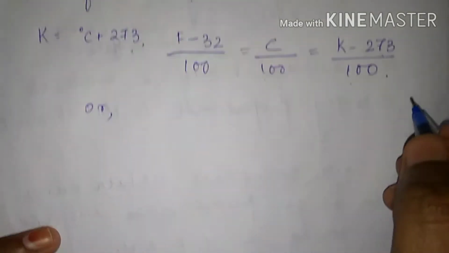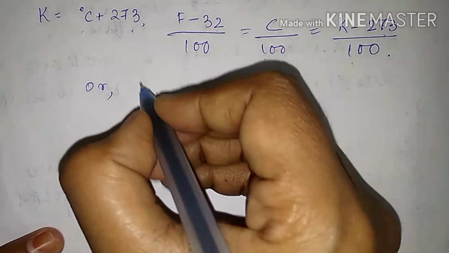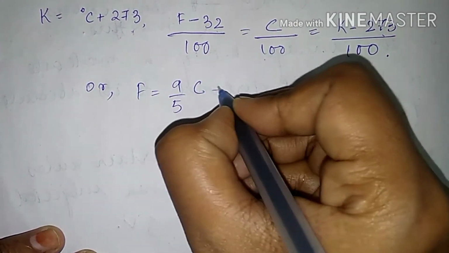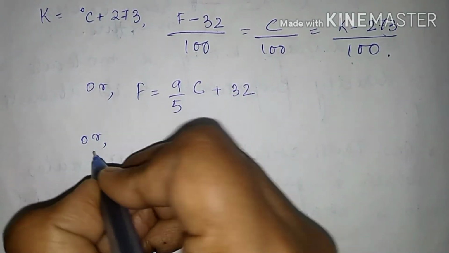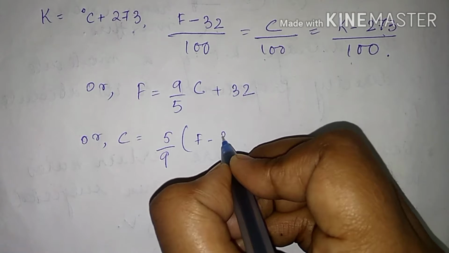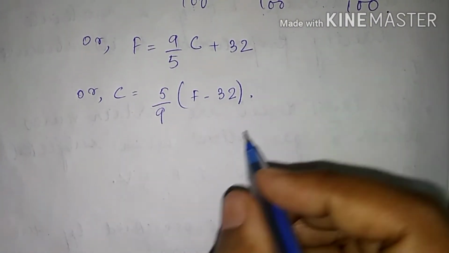The most important conversion formulas to keep in mind are Fahrenheit equals 9 by 5 centigrade plus 32, or centigrade equals 5 by 9 (Fahrenheit minus 32).